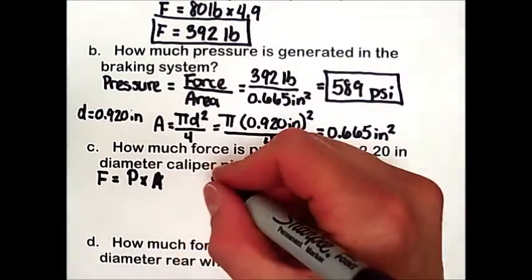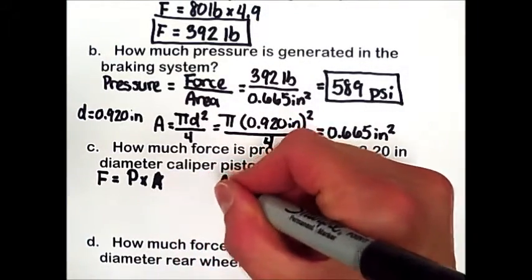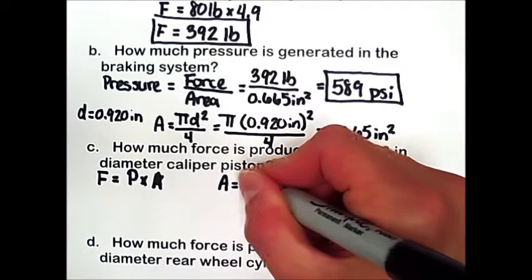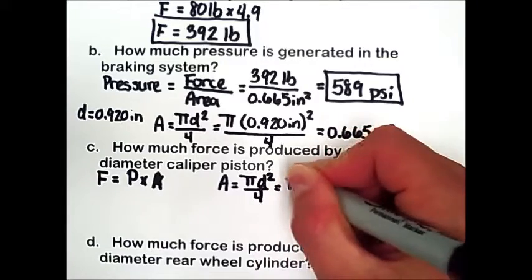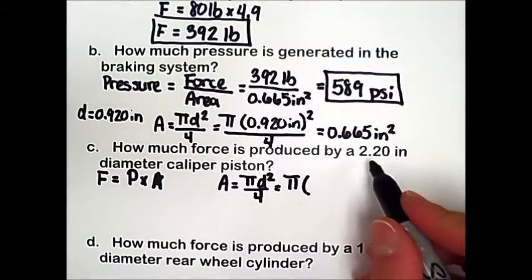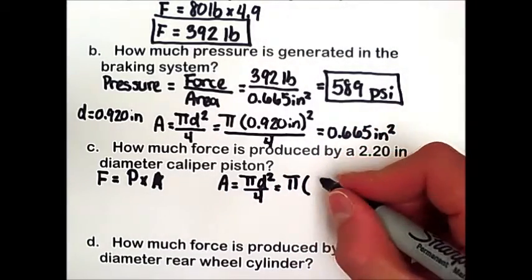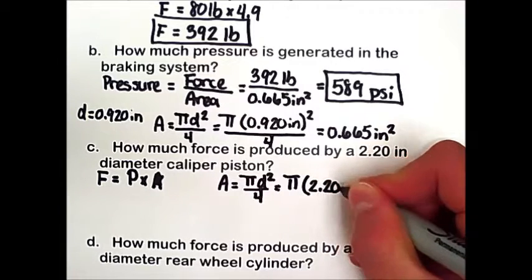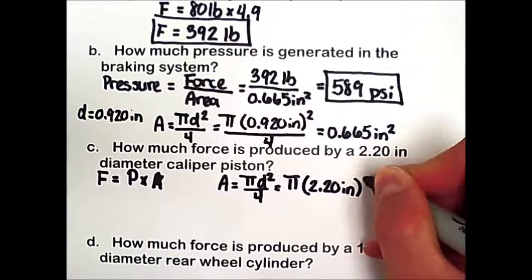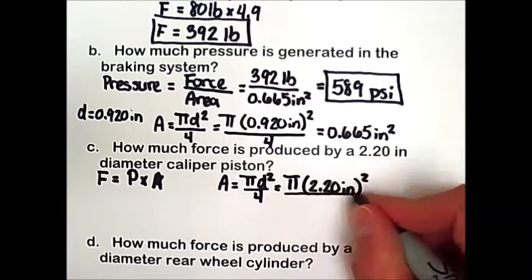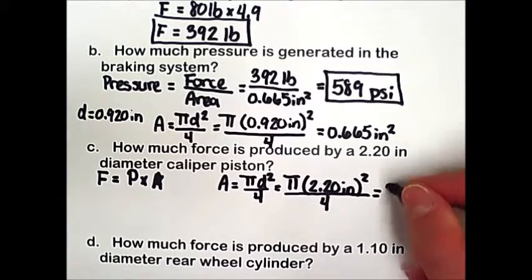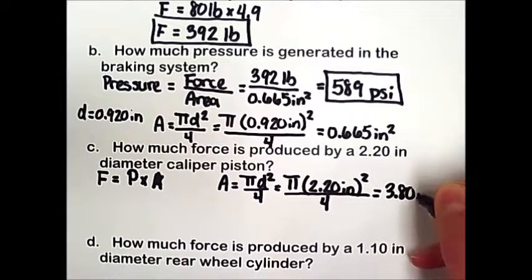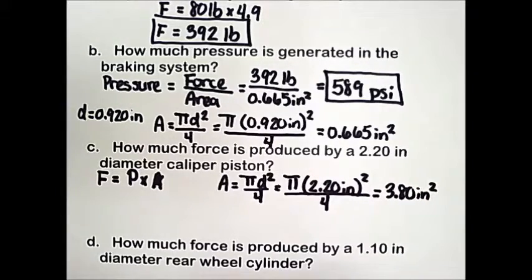So our area, and we'll do this calculation off to the side, is equal to, again, pi times the diameter squared divided by 4. So this time, we are looking at a 2.20 inch diameter caliper piston. So the diameter, 2.20 inches, and then we have to square that, divide by 4. We should get an area of approximately 3.80 square inches.